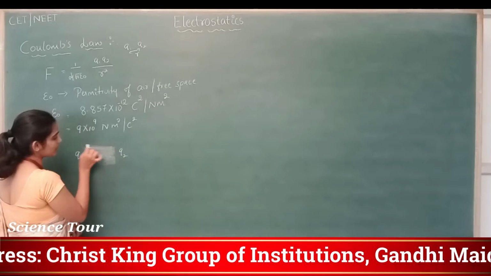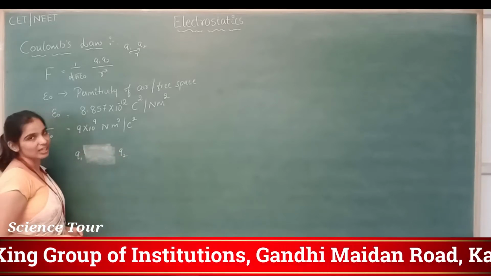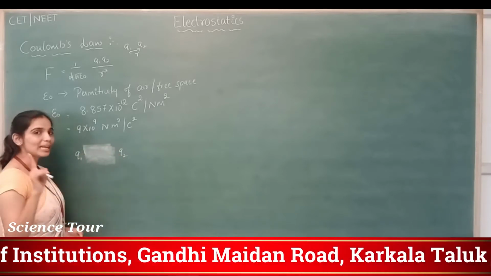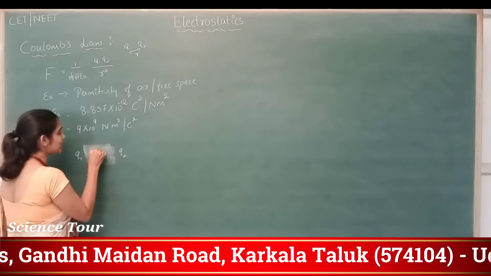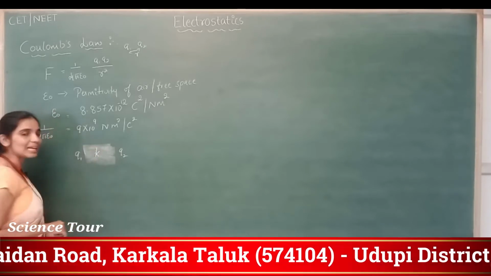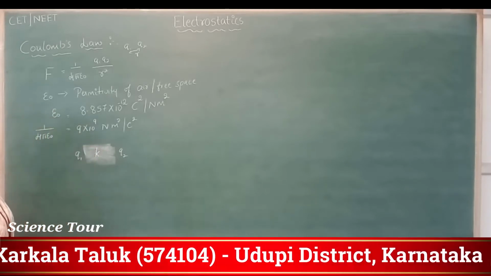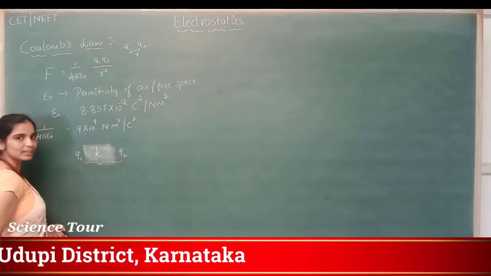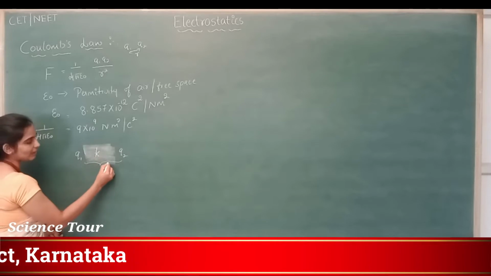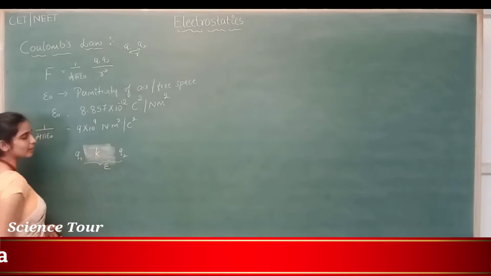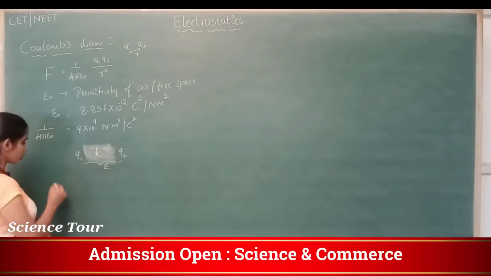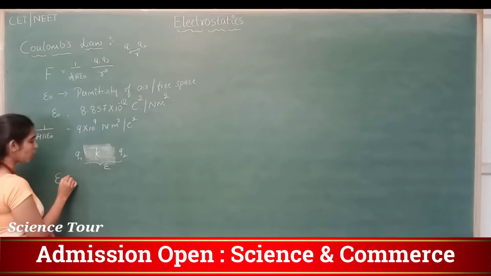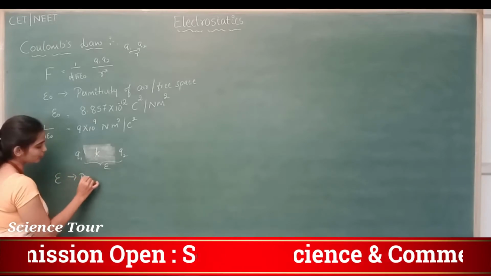Let's say K is the dielectric constant of that material. Then the permittivity of that medium will be epsilon.